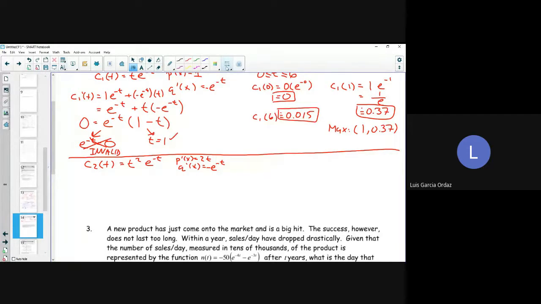Okay, so C2 of t has a max at t is equal to 2, which gives a value of 0.54. So which medicine has the larger maximum concentration?